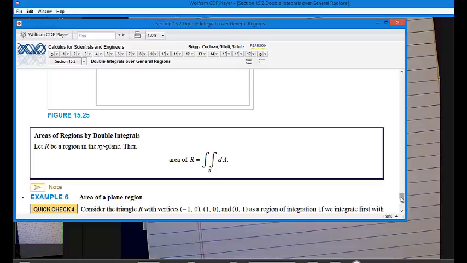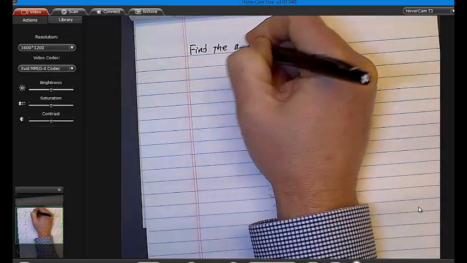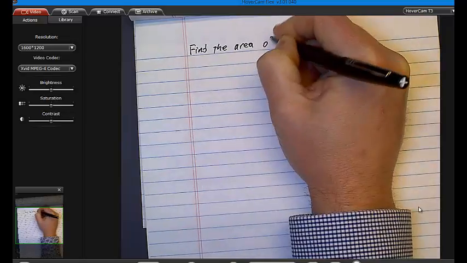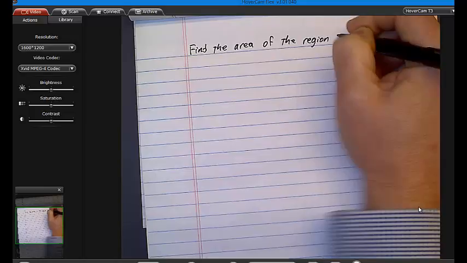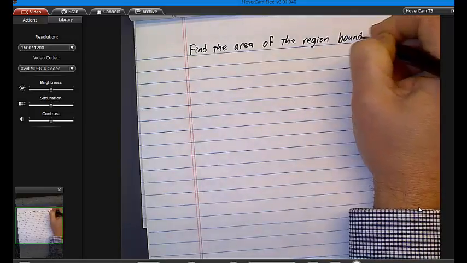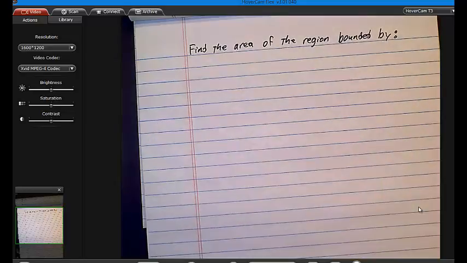Let's do it. So here's a problem that I'd like to work out together. Find the area of the region bounded by, and I'm going to give you a few equations here.